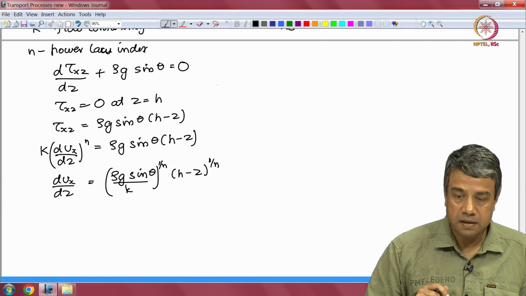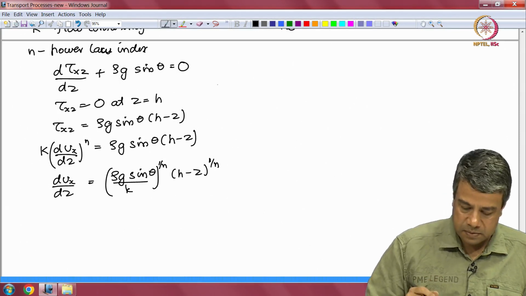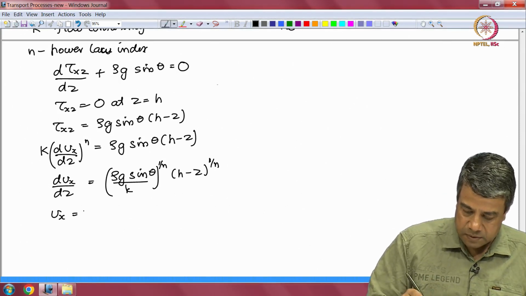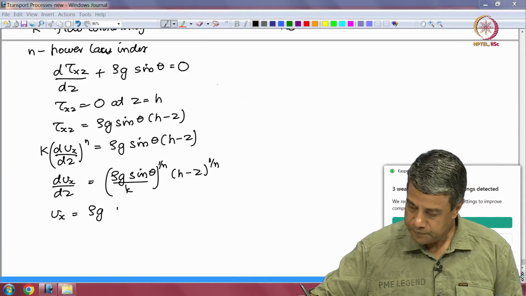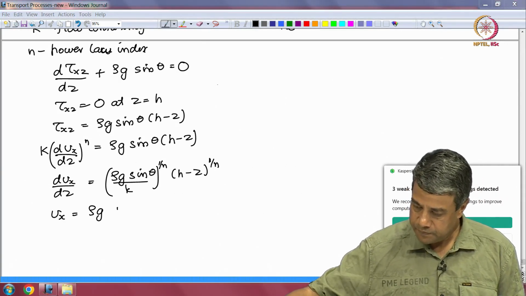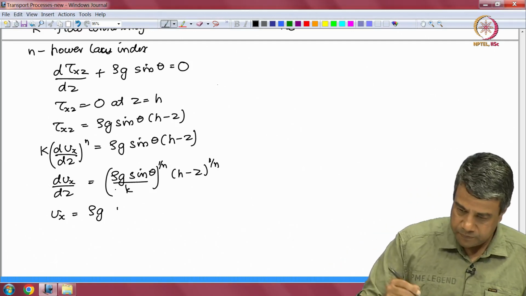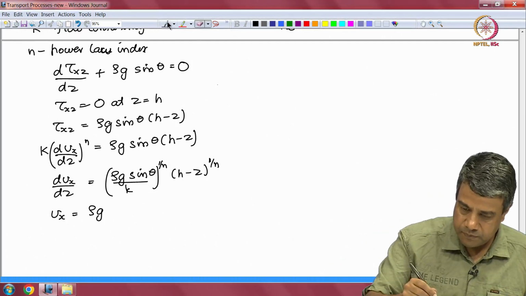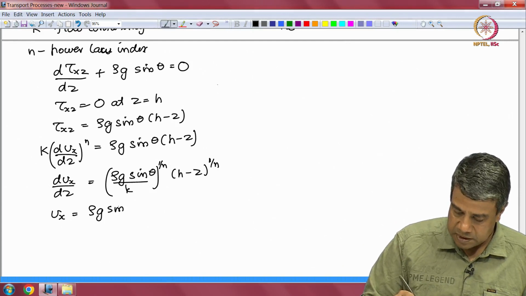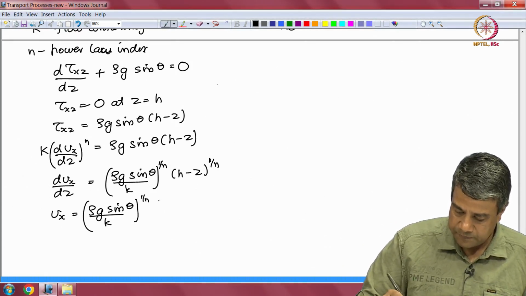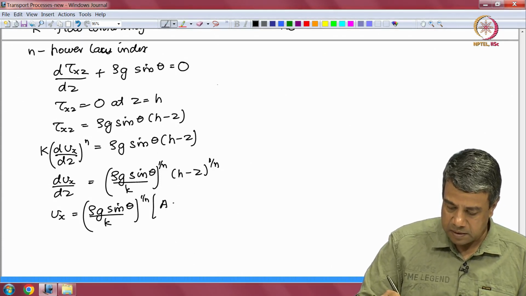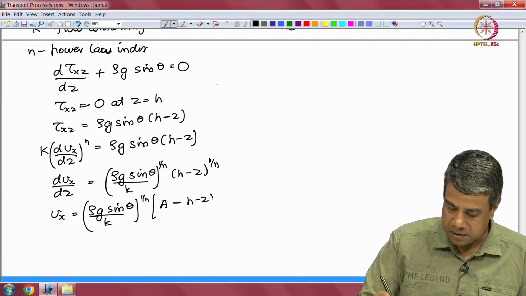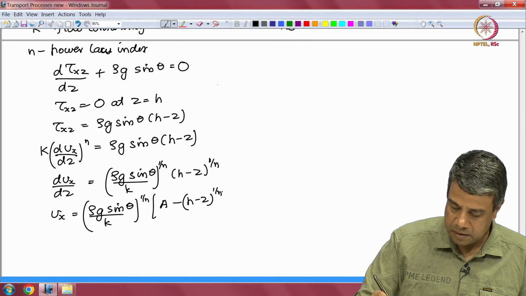Now, we can integrate this one time. Vx is equal to (rho g sin theta by k) power 1 by n, into some constant minus (h minus z) power 1 by n.